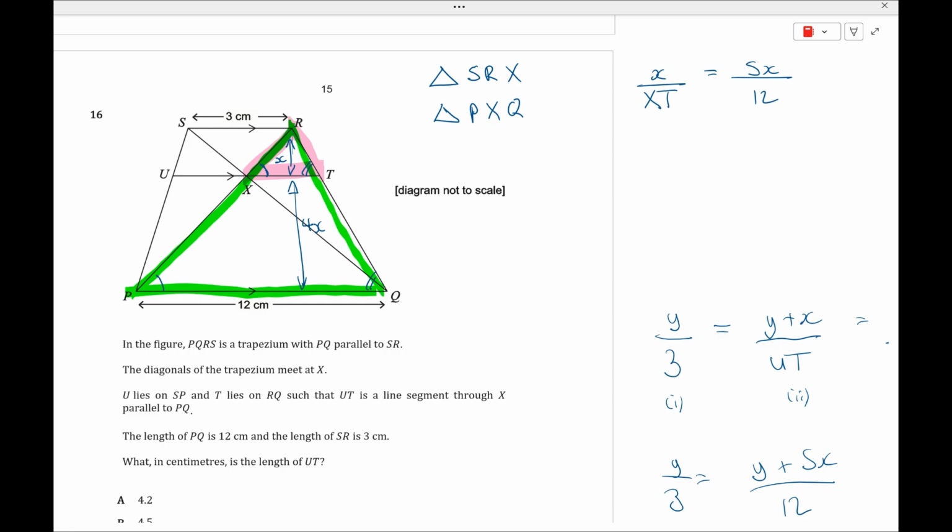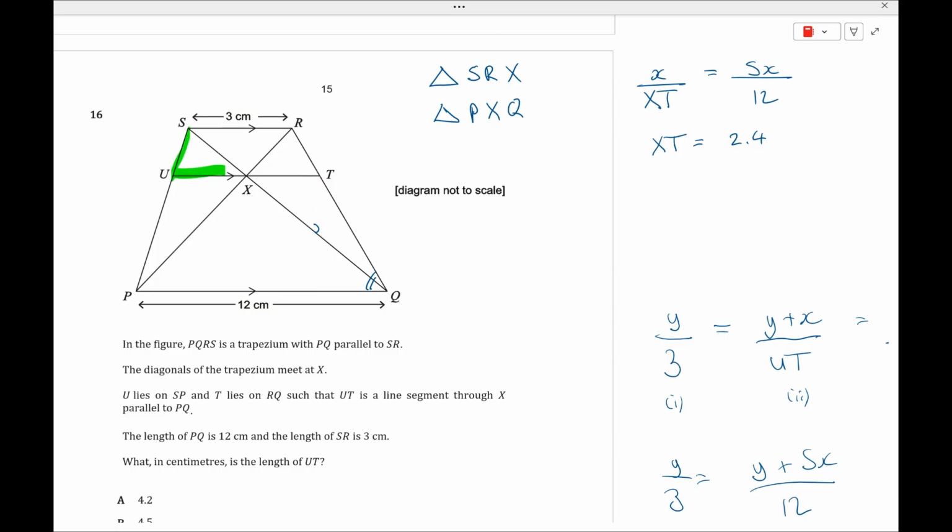And then obviously x is going to simplify down, and we very quickly end up with XT equals 2.4. We can do something very similar for this triangle being similar to this triangle. In fact, we end up doing exactly the same thing to get that UX is also 2.4, and therefore the total UT is 4.8.